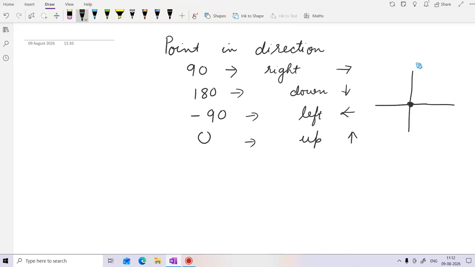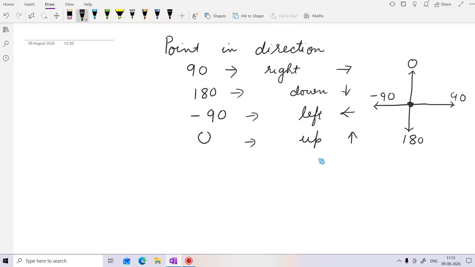Always mention the values, like here 0, 180 here, and 90 here, and minus 90 here. This is how we understand where the line is going, and it's better if you put a little arrow, it will help you. This arrow is very important.